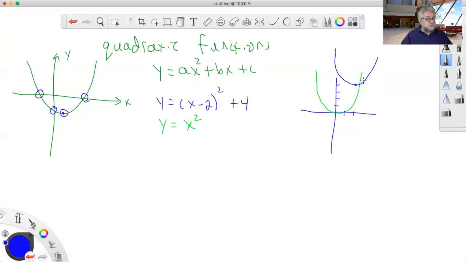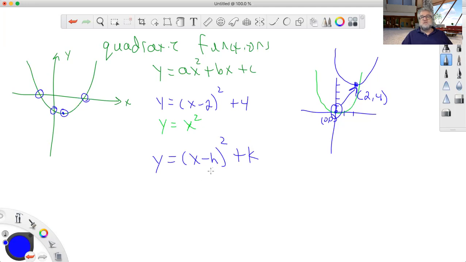Oh yeah. So when I write the function in this form, y equals x minus h squared plus k, notice the point 0, 0 has become the point 2, 4, because I shifted 2 in the positive direction and 4 in the positive direction. So I shifted the vertex to there. If it's written in this form, this is called the vertex form of the quadratic.